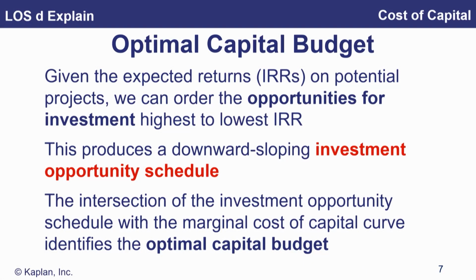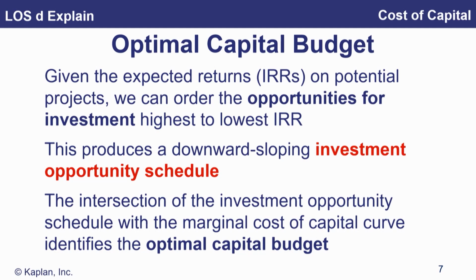So once we have that, we can start thinking about this concept of an optimal capital budget. We've got our expected returns, our internal rates of return on all our potential projects. So imagine that we order these from the highest down to the lowest.